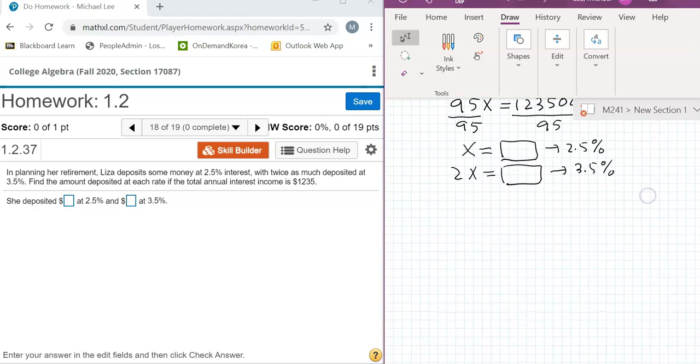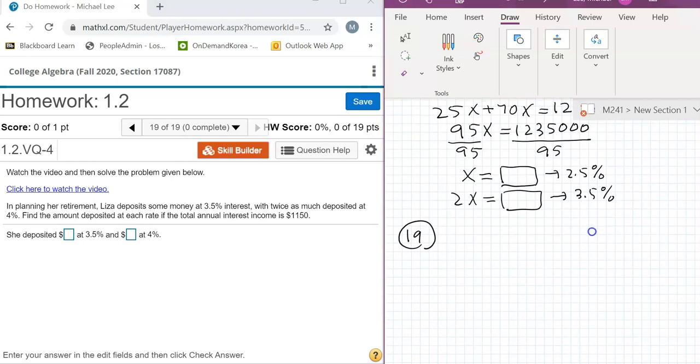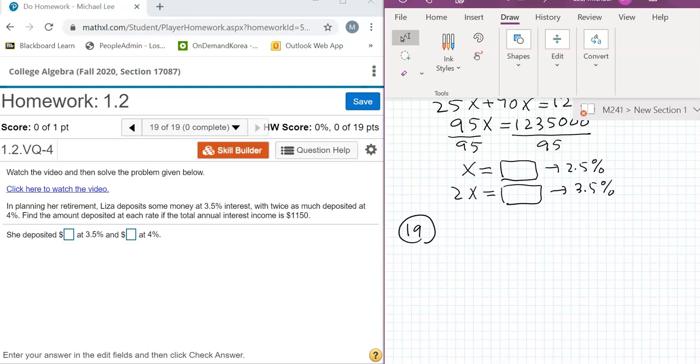You finish it. 19, I believe, is the last one. Well, this is the same thing. It is like 3.5% and 4%.